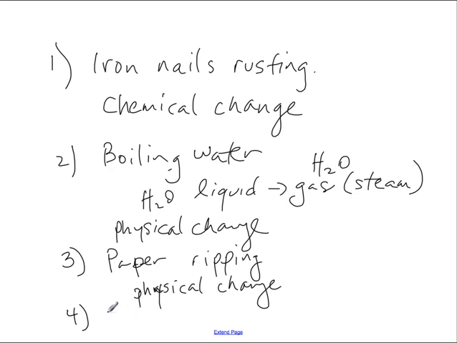What about digestion? If we think about digestion, this is the breakdown of food, and clearly bonds are being broken and reformed as the carbohydrates and sugars and protein and fats and all other kinds of compounds are being broken down into smaller things.